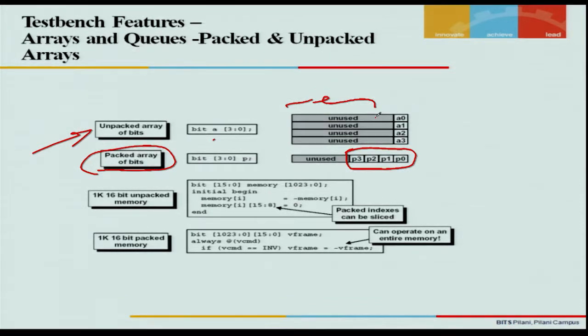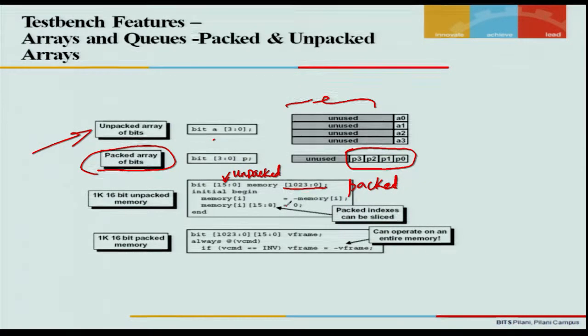Consider this example of memory. Consider the example of bit [15:0] memory [1023:0]. This refers to the packed location, this refers to the unpacked location, and this refers to the packed location.